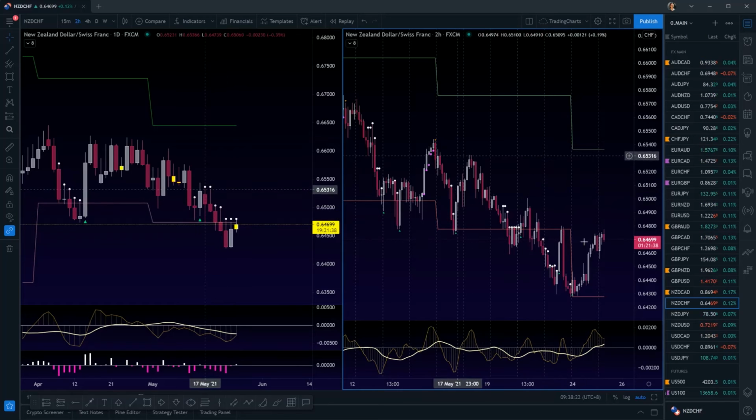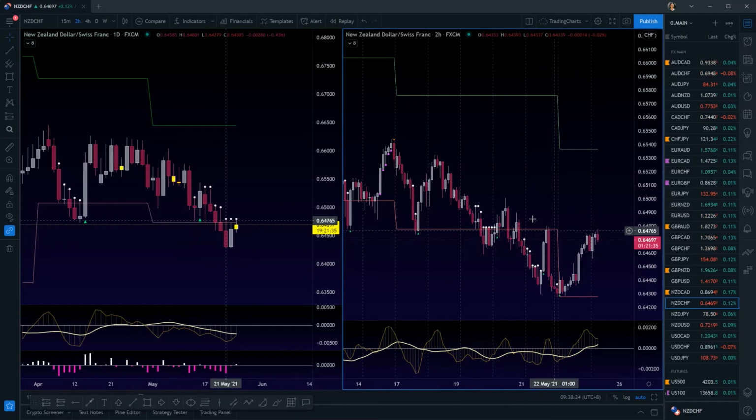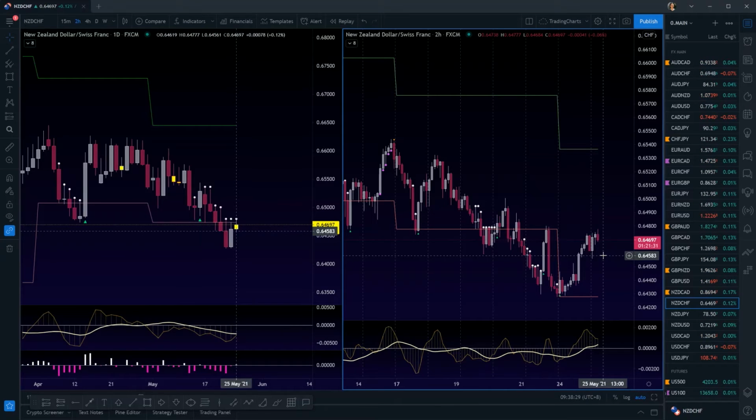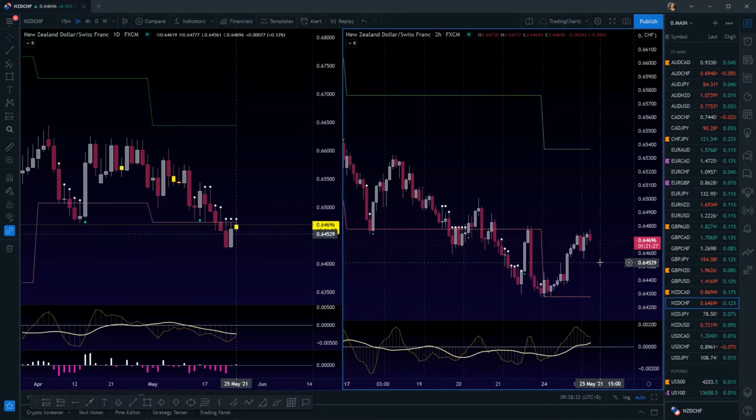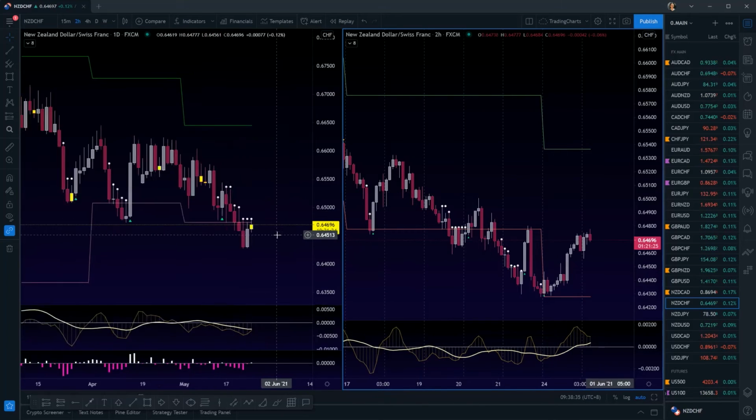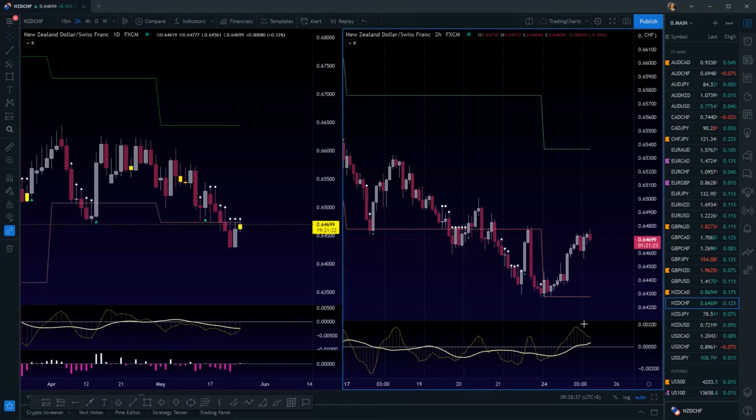Still not so nice. You got this high swing here that is not broken yet, but it might be okay because it might be in sync with everything else, and it just might go higher.